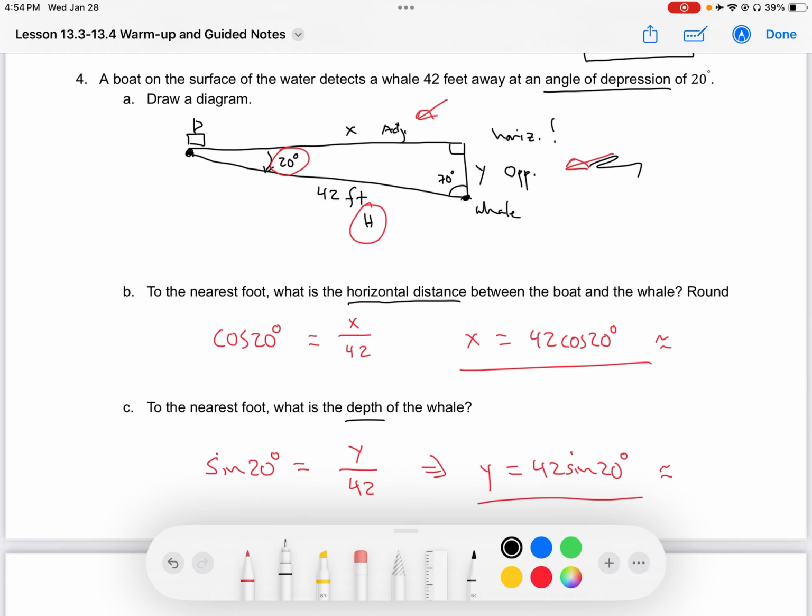So you may recognize some patterns, but I would just encourage you to show your steps to make sure you're not making any mistakes. Now I'm going to erase this adjacent and hypotenuse and opposite because they do change, right? The adjacent and the opposite depend on which angle you use. So again, you would need to find a decimal approximation for this using your calculator.